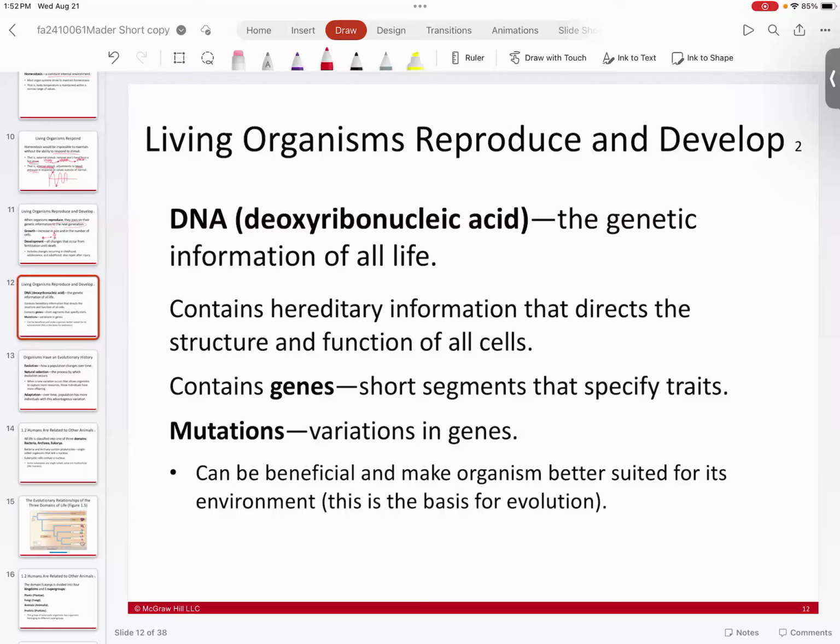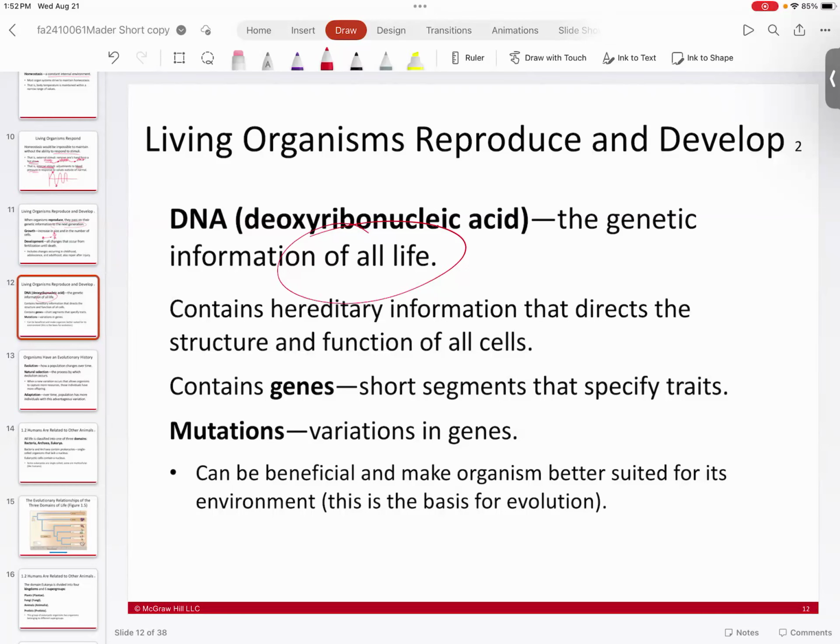DNA is all the information that we'll ever need for living organisms. I always like to think of DNA, what's inside your nucleus, as everything necessary to build you from scratch. That's a lot of information, a lot of details in there. And that's what you pass on to the next generation.